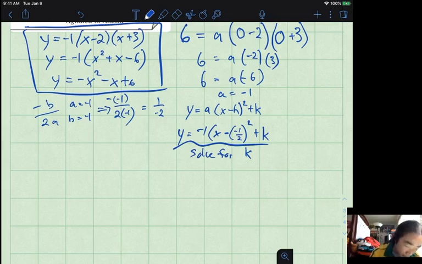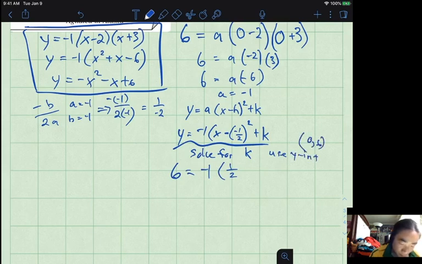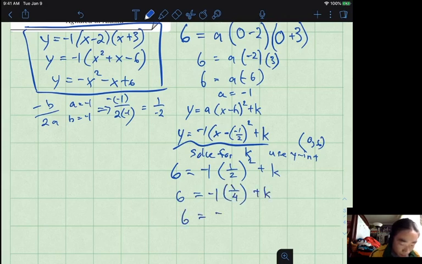Okay, so let's use our y-intercept. That becomes positive, use y-intercept of (0, 6): 6 equals -1 times (0 minus -1/2) squared plus k. 6 equals -1 times 1/4 plus k. 6 equals -1/4 plus k.